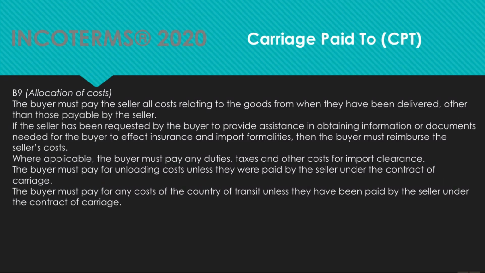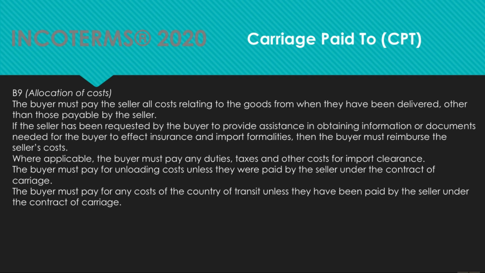B9, allocation of costs. The buyer must pay the seller all costs relating to the goods from when they have been delivered, other than those payable by the seller. If the seller has been requested by the buyer to provide assistance in obtaining information or documents needed for the buyer to effect insurance and import formalities, then the buyer must reimburse the seller's costs.